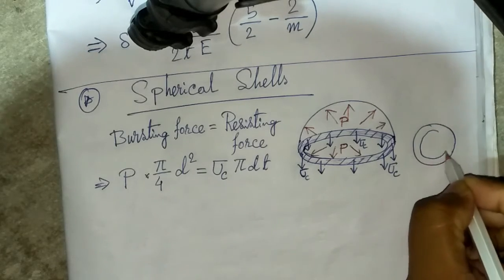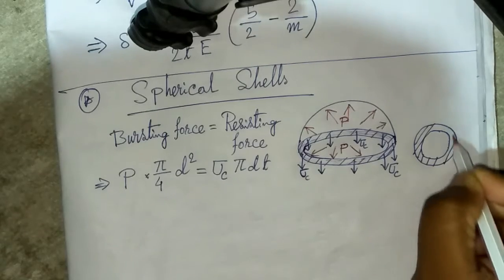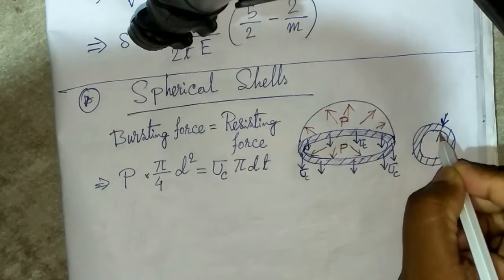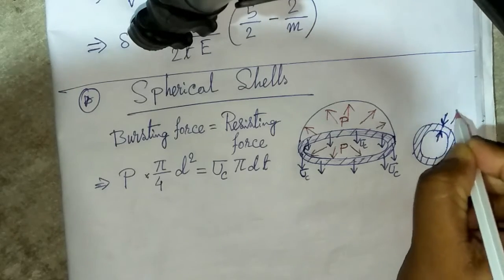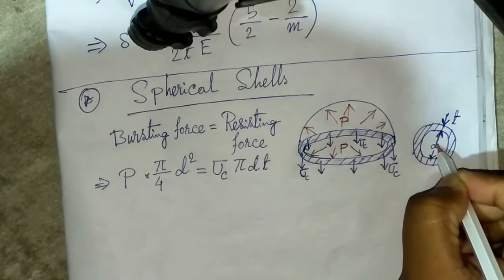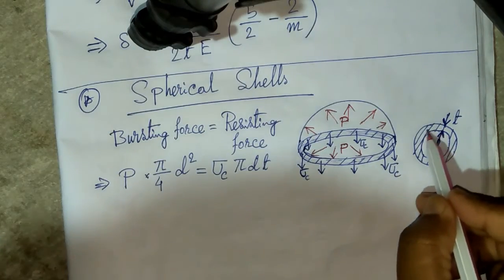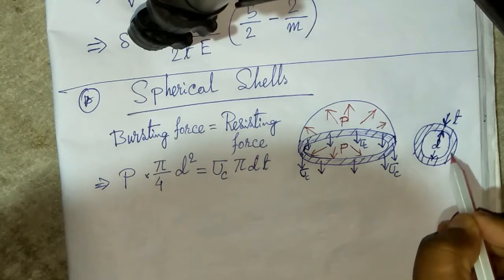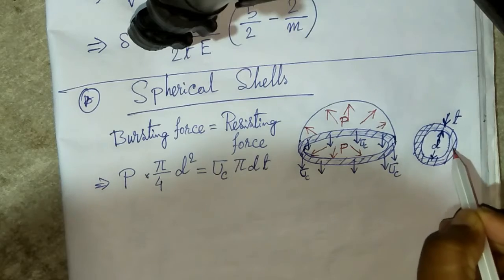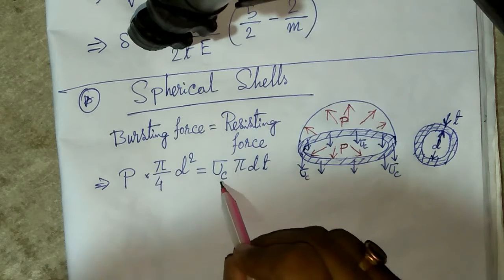This is a cross section of the spherical shell, and this thickness is small t and the internal dia is small d. So the area of this hatched portion is pi d t into sigma c.